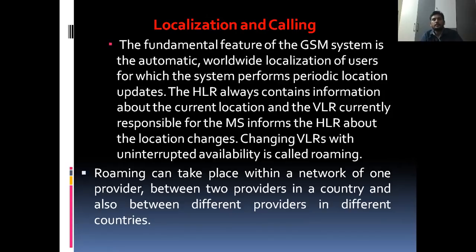So I am here and I want to call some other person in Hyderabad. That particular device is in Hyderabad and this device is here in Guntur. The base station is in Guntur, and the MSC is also related to Guntur. There, the base station and mobile switching center are in Hyderabad.